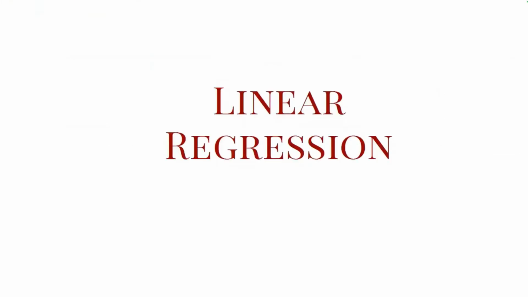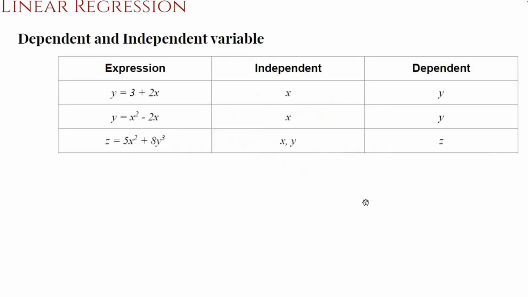Before getting into linear regression, there are a couple of terminologies that we need to be familiar with. Let us take this equation, y is equal to 3 plus 2x. In this, x is referred to as the independent variable and y is referred to as the dependent variable.